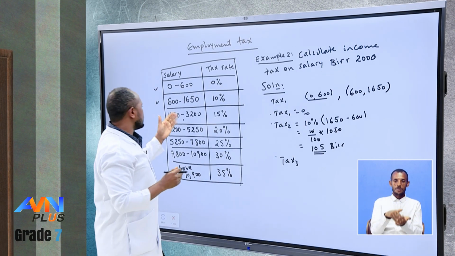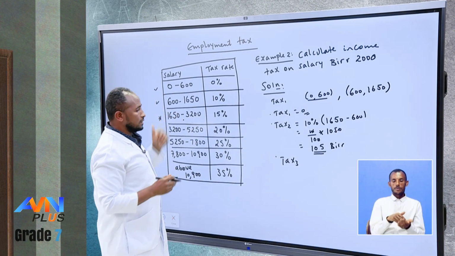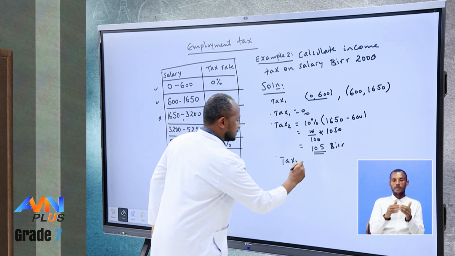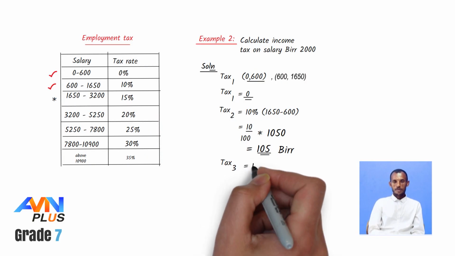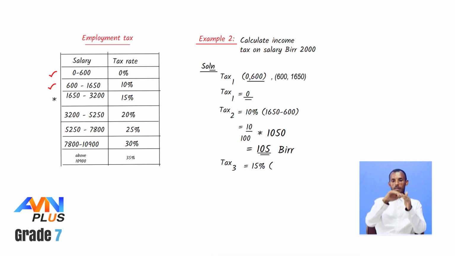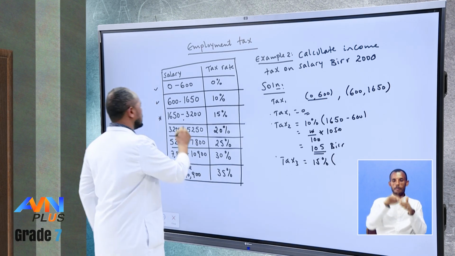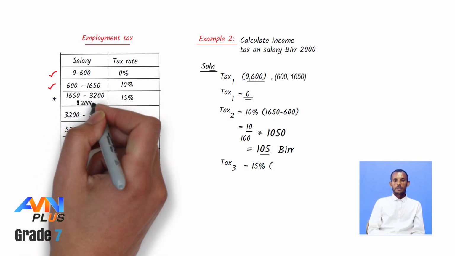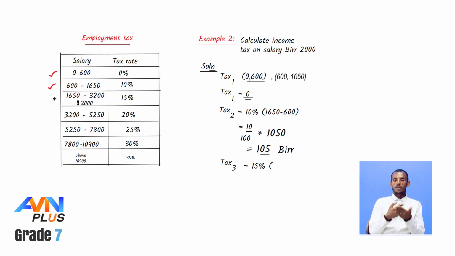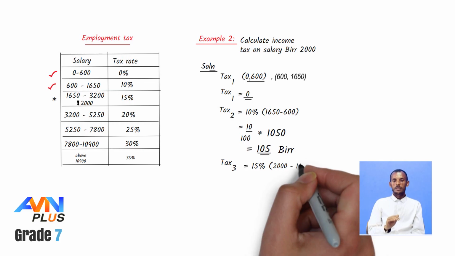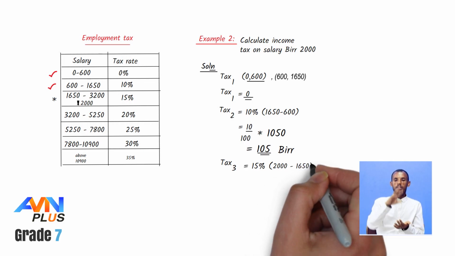The income is also on 2,000. Therefore, on that interval, what will be the tax amount? It is 15% of the difference of 2,000 and this one. 2,000 falls here, therefore it takes the difference of the two. Here it is 2,000 minus 1,650.